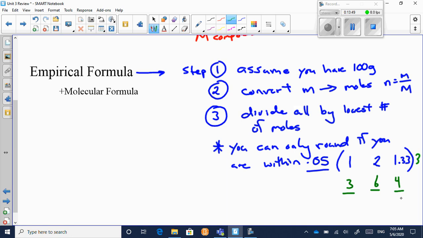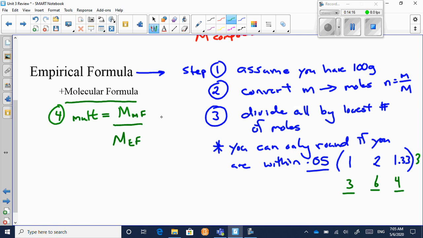And finally, for the molecular formula, you do the same 3 steps, you just add in a 4th step. What you need is the multiplier. To get the multiplier, you do the molar mass of the molecular formula divided by the molar mass of the empirical formula.